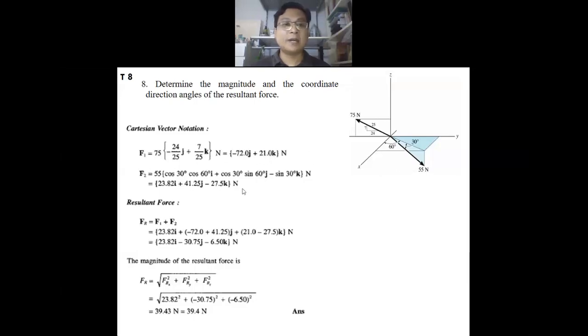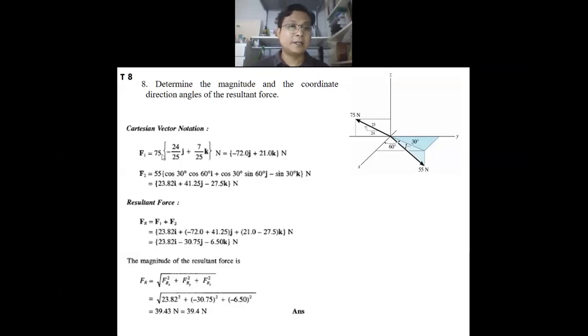And then F2 has all 3 directions. Because it should be multiplied by the angle, the final I, J and K for F2 should be like this. Then for the resultant, we sum for each axis.